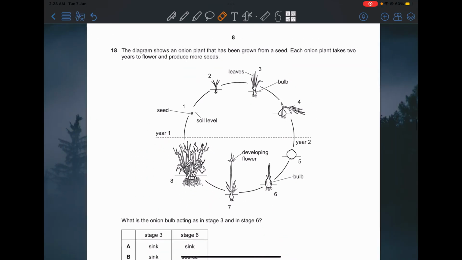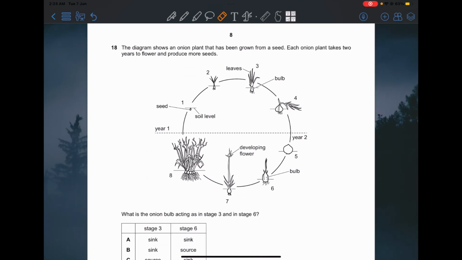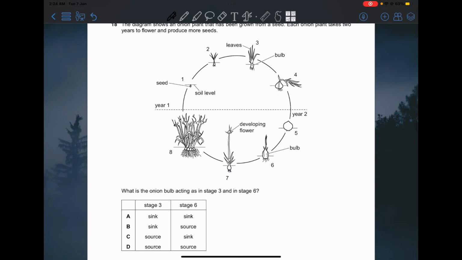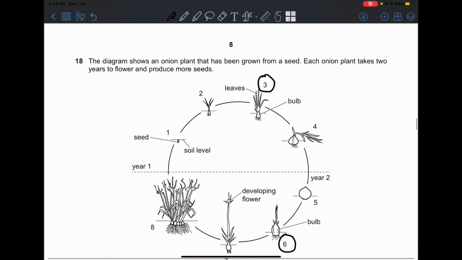Now number 18, the diagram shows an onion plant that has been grown from a seed. Each onion plant takes 2 years to flower and produce more seeds. What is the onion bulb acting as in stage 3 and stage 6? Now for this question, you're going to be seeing stage 3 and stage 6. Now we know that over here in year 1, it's still growing and developing.